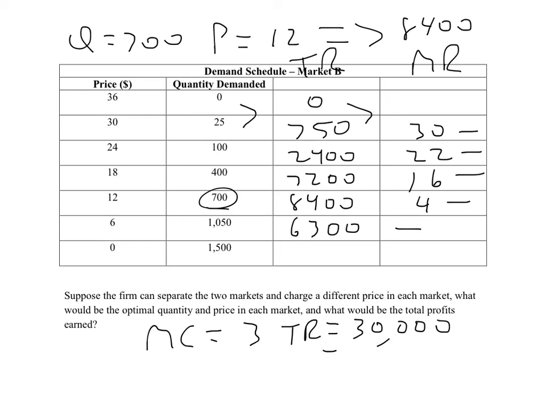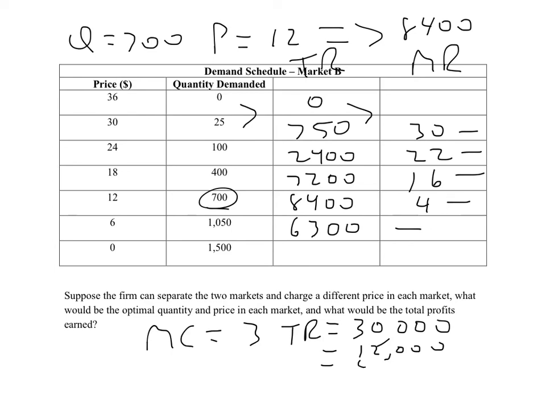Minus our costs. Costs are fixed, $12,000. And then variable costs are $3 per unit. Remember, we sold 900 units in Market A, 700 units in Market B. That's a total of 1,600 units, 1,600 units at $3 a piece.